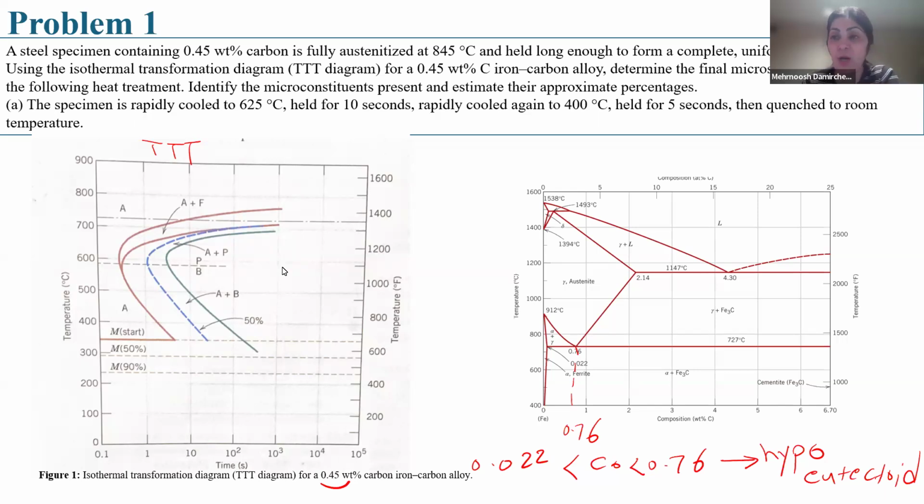Before I start, I want to talk about the different regions that we have here. A means austenite. Here we have austenite, up to here. So A is austenite.